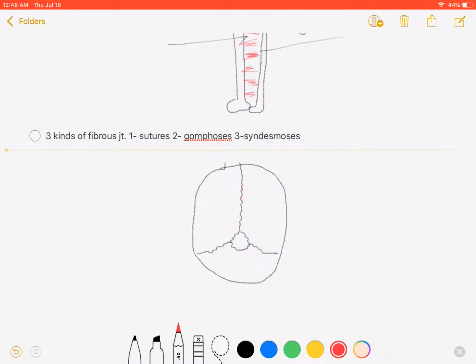I'm going to draw a little square here, zooming in on the suture, and it's something like this. And here you have your sutures.